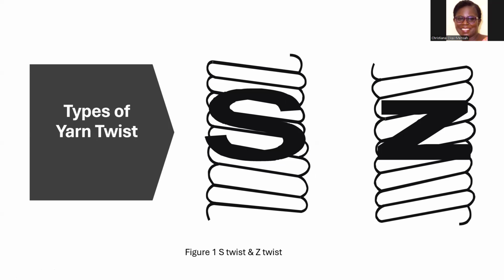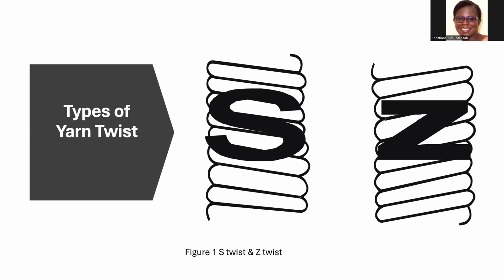That is the S twist. The fibers spiral upwards to the left, like the middle part of the letter S. It is often used in ply yarns, putting two yarns together, plying and then twisting in that direction. So the yarn has a balanced twist.